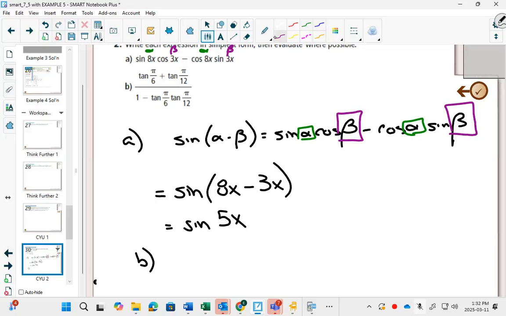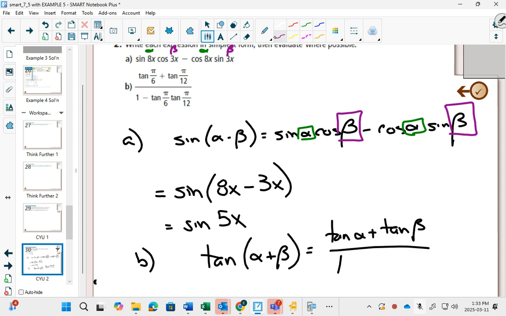It looks like the tan of alpha plus beta, so I'm going to write that out. On my formula sheet, tan of alpha plus beta is equal to tan alpha plus tan beta over 1 minus tan alpha tan beta. Perfect.